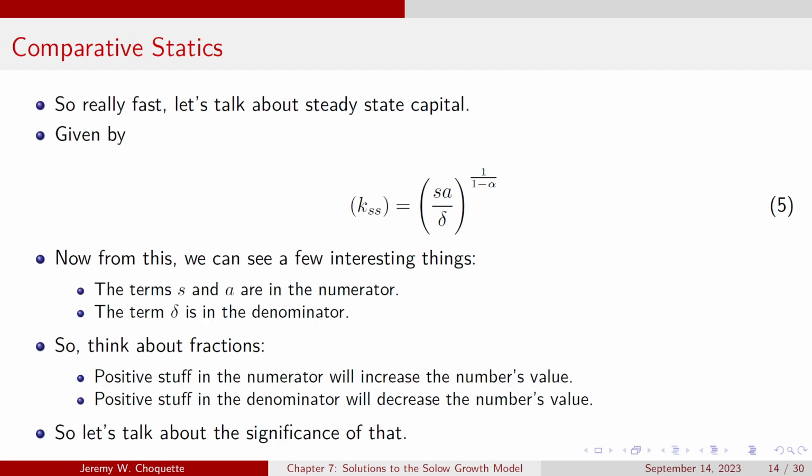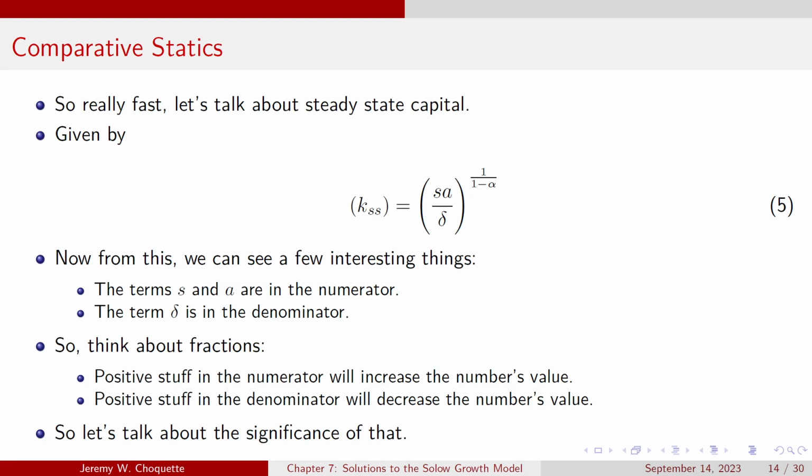So let's talk about steady state capital, which is given by equation 5. Now, this is the steady state capital where we have the possibility of growth, with total factor productivity, A. And from this, we can see a couple of things. Mathematically, s and A are in the numerator, delta's in the denominator.